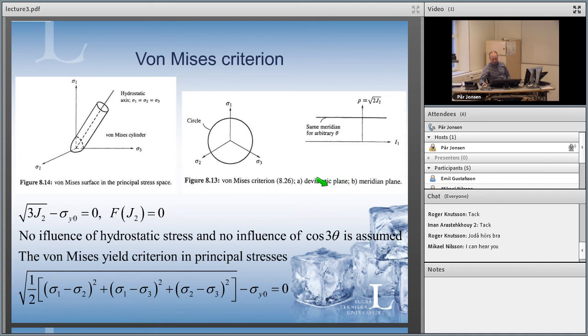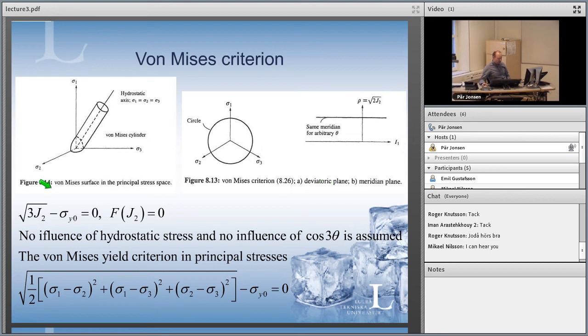Later in the course we will look at hardening, and when the material hardens, you only move this surface up. Then you need a function for that also, and you can do that in many ways. So we go into that in the next coming lecture.